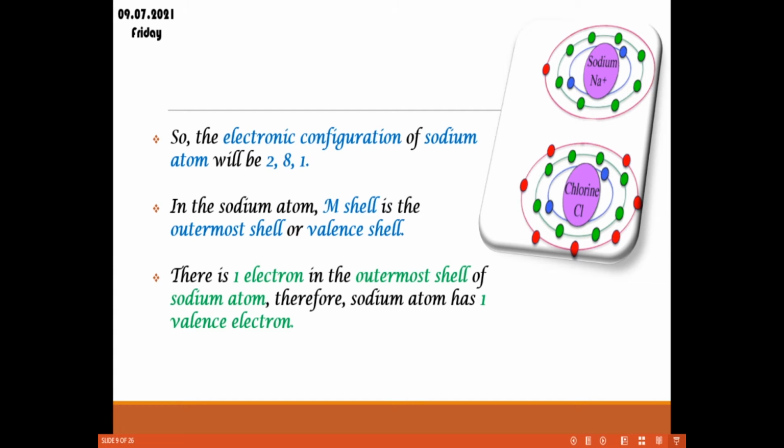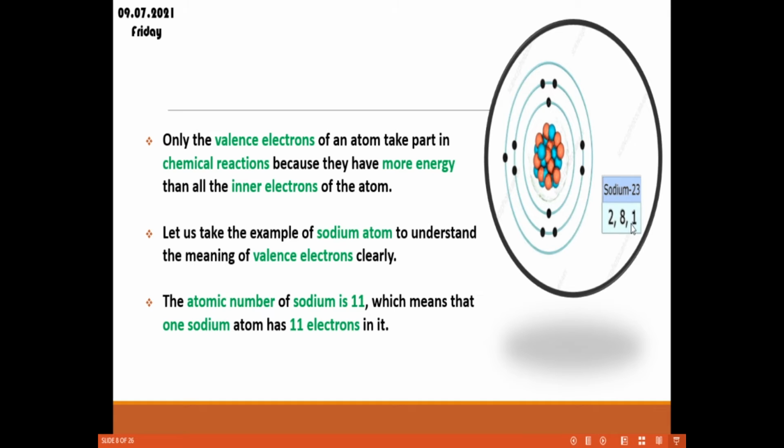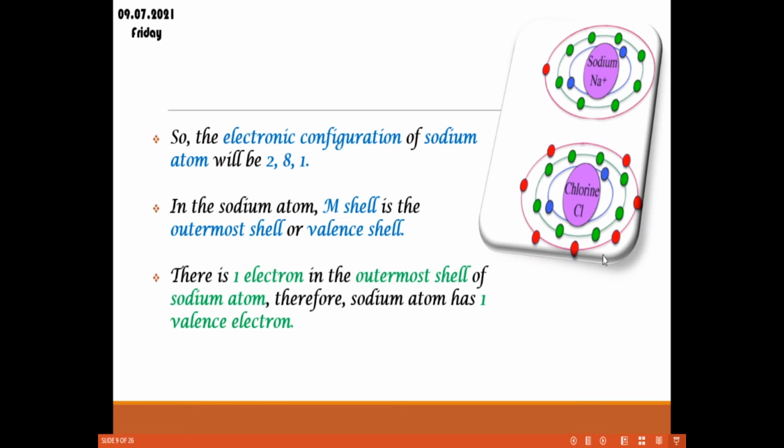See the electronic configuration of the sodium atom: 2, 8, 1. Because in the K shell 2 electrons are filled, then in the L shell 8 electrons are filled, and in the outermost shell only 1 electron is filled. This we call the valence electron. So this is the electronic configuration 2, 8, 1.